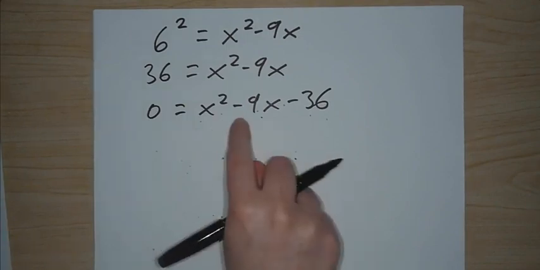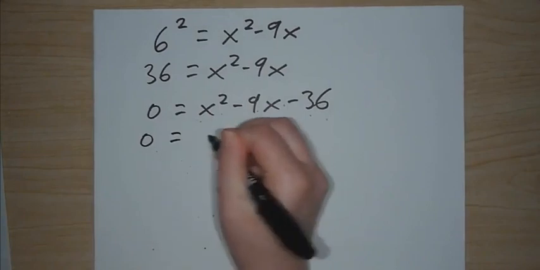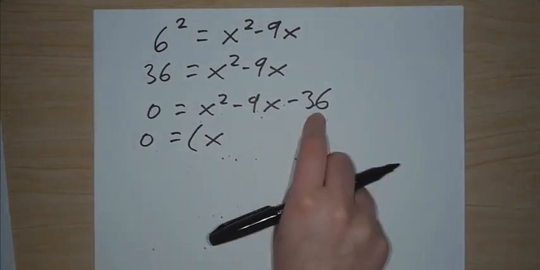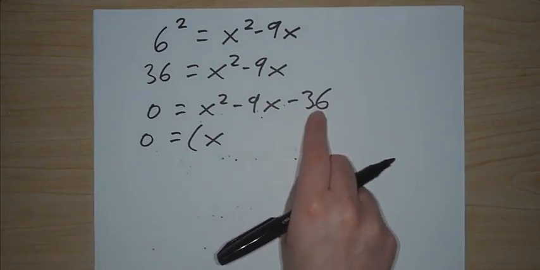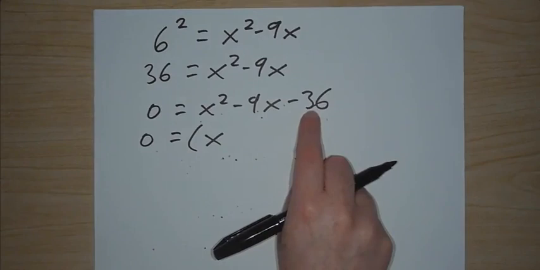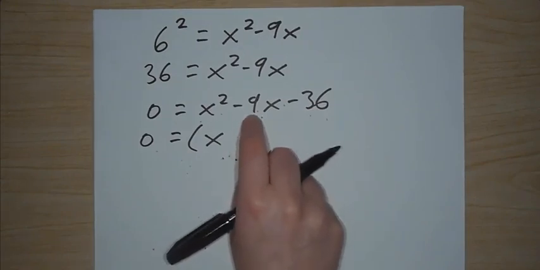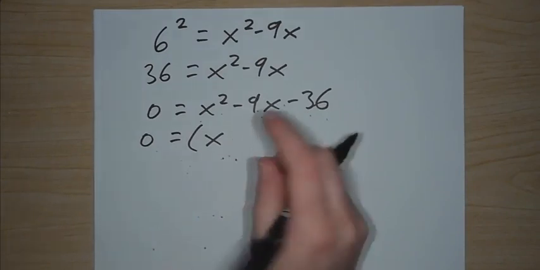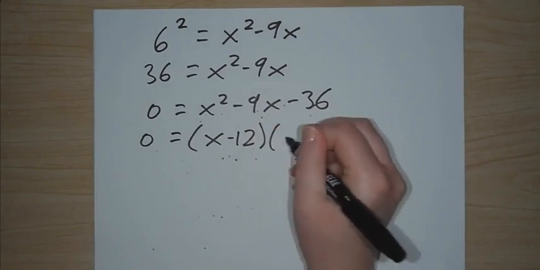And now we're going to factor x squared minus 9x minus 36. So 0 is equal to x. If you don't remember factoring, we look at negative 36 and we look at factors of it that multiplied are equal to negative 36 and added are equal to negative 9. So those factors are negative 12 and 3.